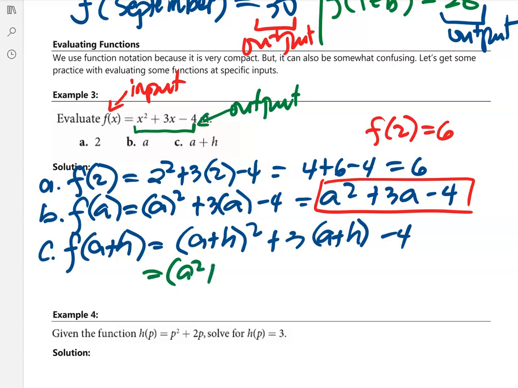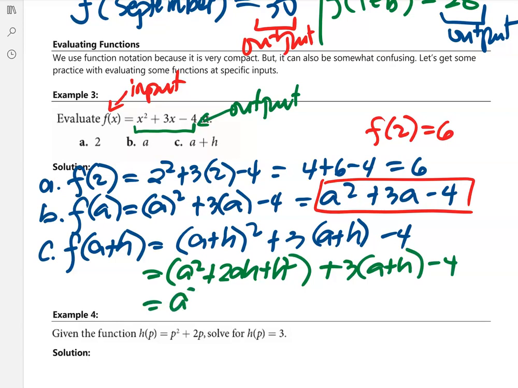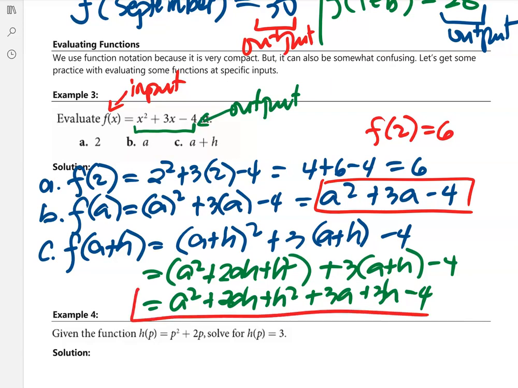That is a squared plus 2ah plus h squared, plus 3 times a plus h minus 4. So a squared plus 2ah plus h squared. Distribute 3: 3a plus 3h minus 4. And that is the answer.